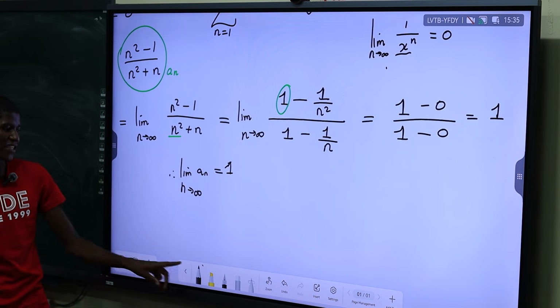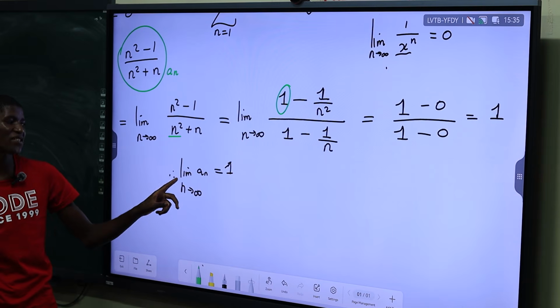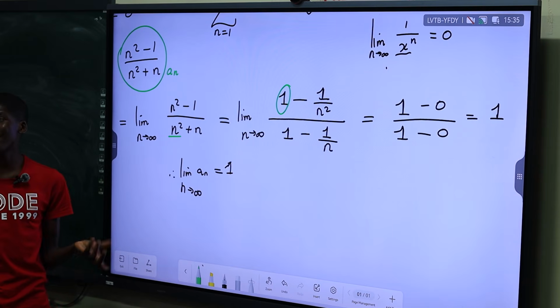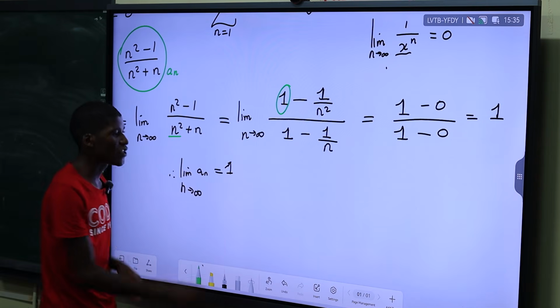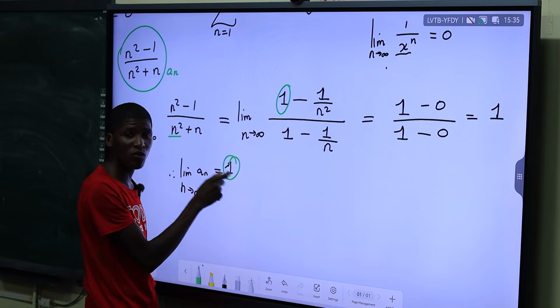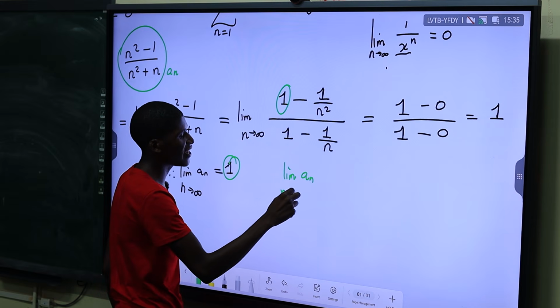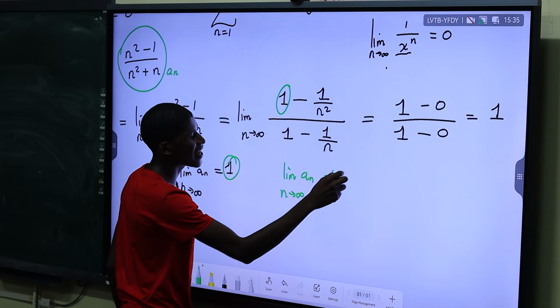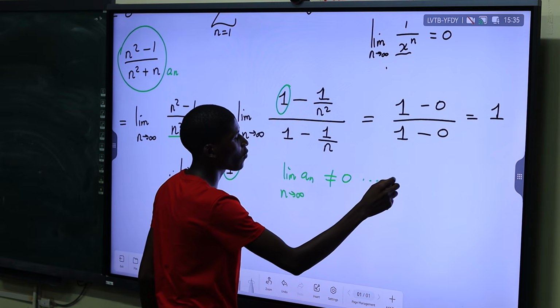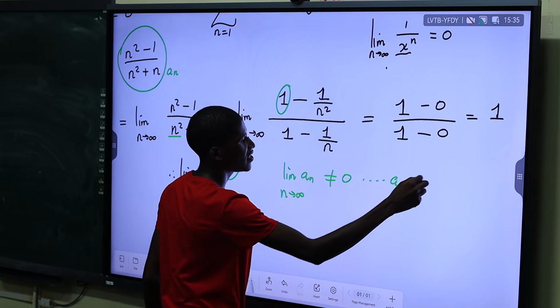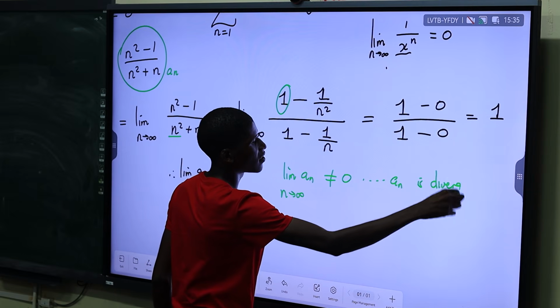Because this is a test for divergence. Once you take the limit of a_n, you are testing for divergence. If you get a number that is not equal to 0, so if the limit of a_n as n goes to infinity is a non-zero number, you can say therefore a_n is divergent.